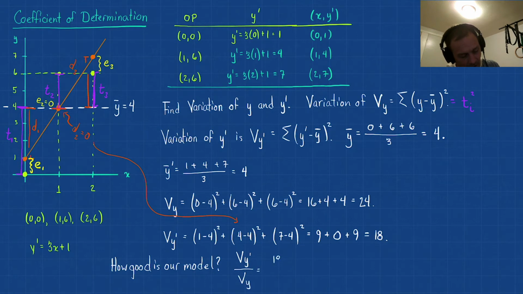Well, this is 18 over 24, and this just reduces down to 3/4, which is 0.75.